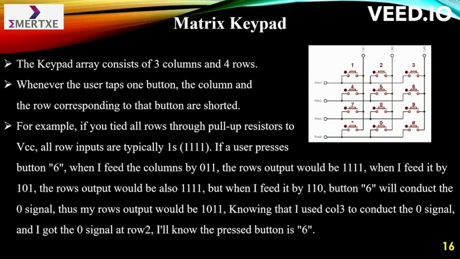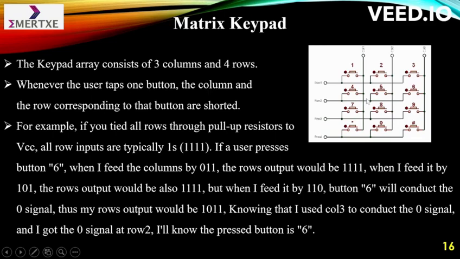Let us say the user presses the button 6. When I feed the columns values 0 1 1, the row output will be 1 1 1 1. When I feed it 1 0 1, the row output will again be 1 1 1 1. But when I feed it 1 1 0, the button 6 will conduct the zero signal, because the column will be connected to ground and the rows are connected to the supply VCC.